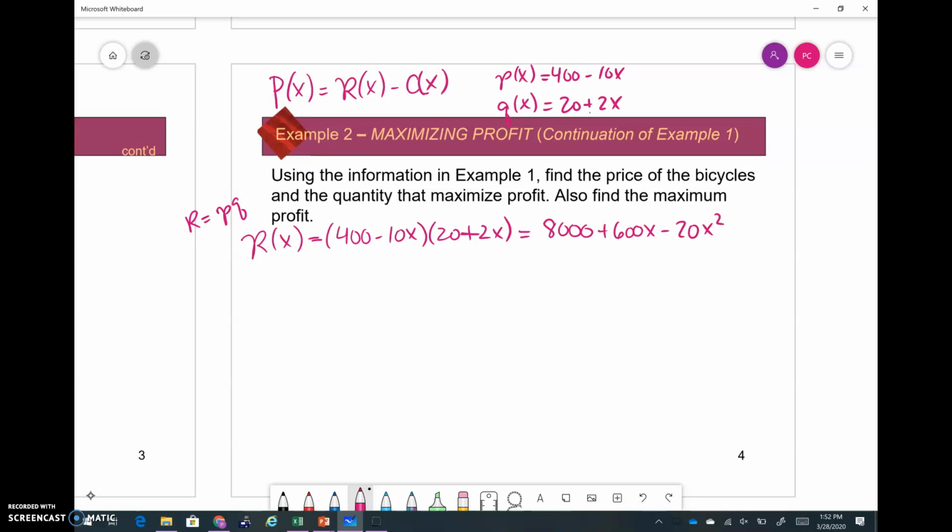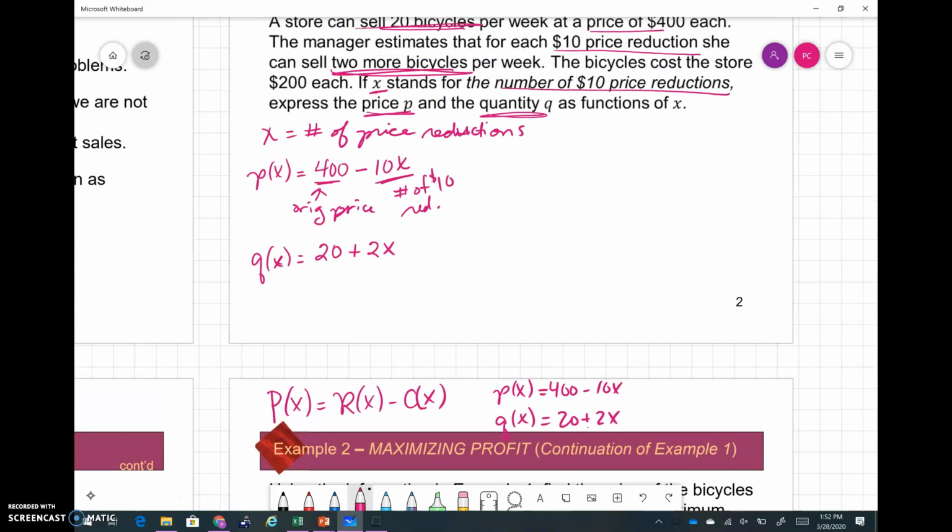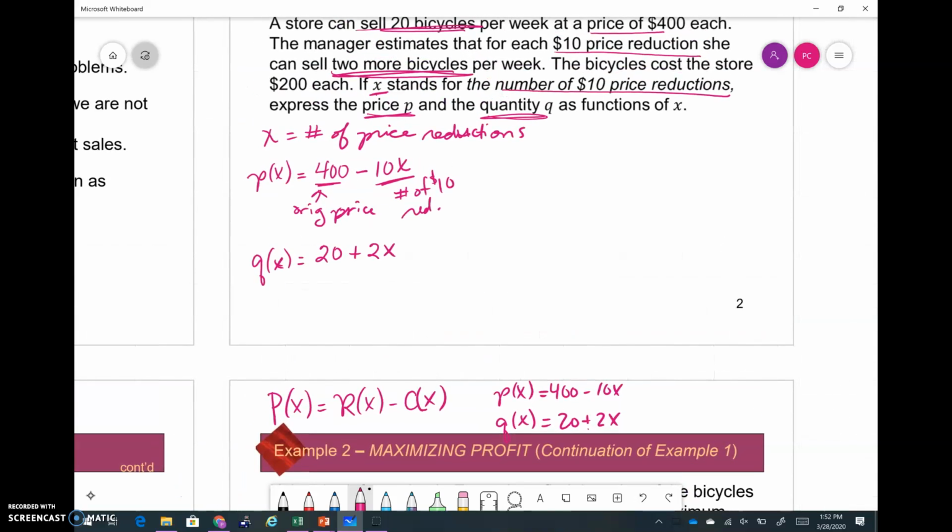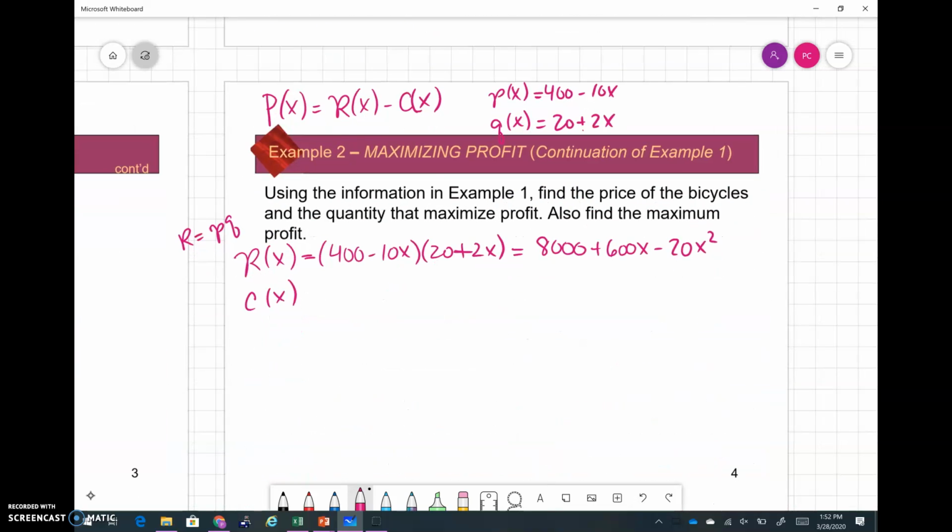All right, then we need to find our cost function, and recall that your cost is the unit cost times how many you're selling. If you look back in example 1, it says the bicycles cost $200 each to the store. So that's our unit cost.